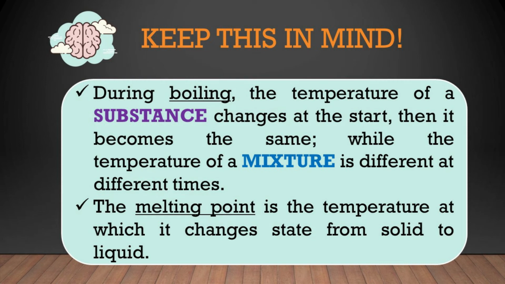During boiling, the temperature of a substance changes at the start, then it becomes the same, while the temperature of a mixture is different at different times. The melting point is the temperature at which it changes state from solid to liquid.